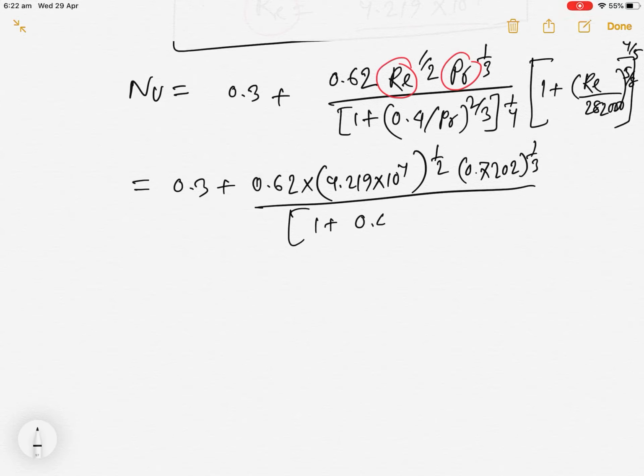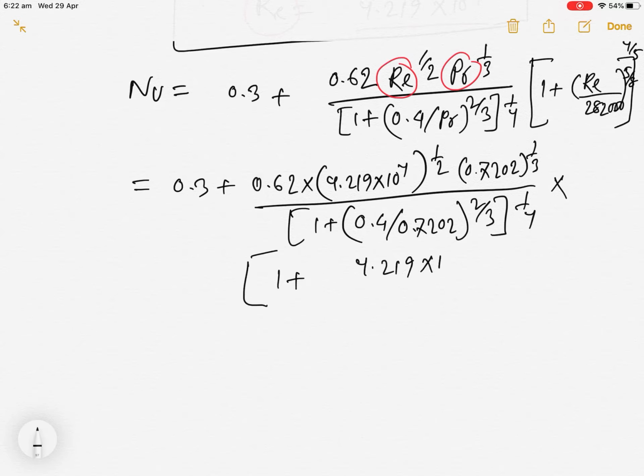It is 1 plus 0.4 Prandtl number is 0.7202, 2 over 3 power 1 over 4. And let's say we can write it down here. 1 plus Reynolds number is 4.219 to the power 4 over 282,000.